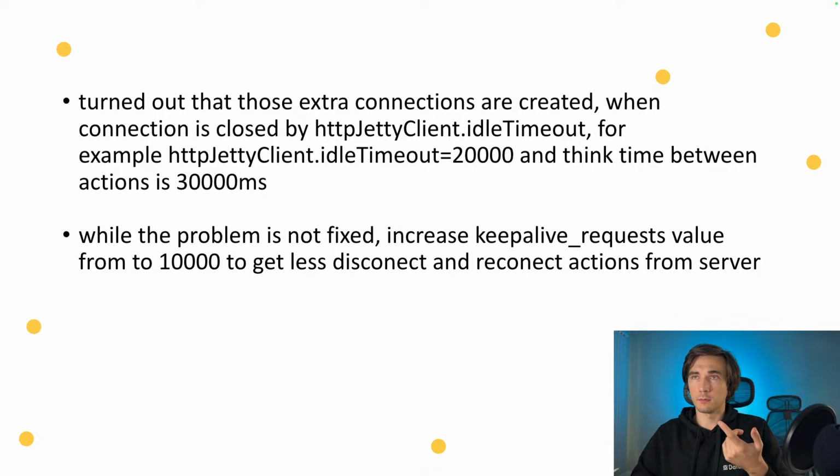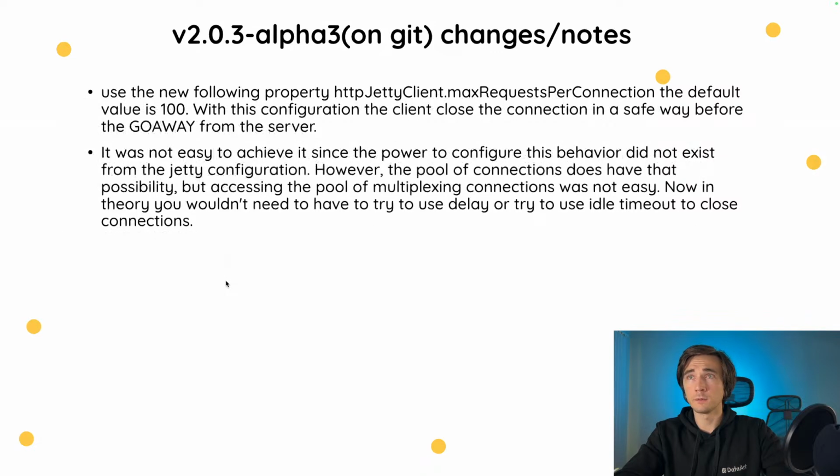But with these properties, it was not working in the expected way. It just made things worse. That's why I increased the keep alive request from 1K to 10K to get these disconnect and reconnect actions from the server. But I needed some mechanism to force the client to reset the connection.